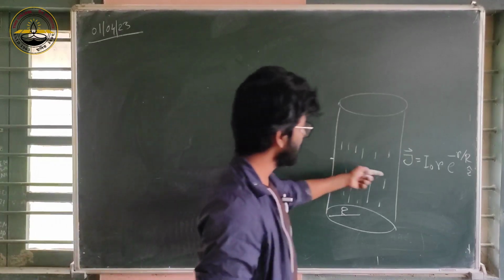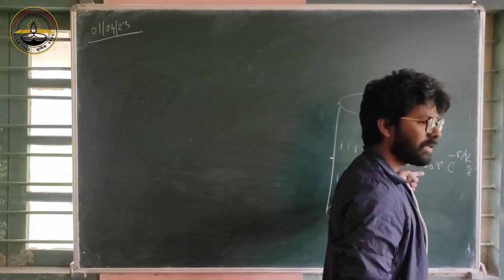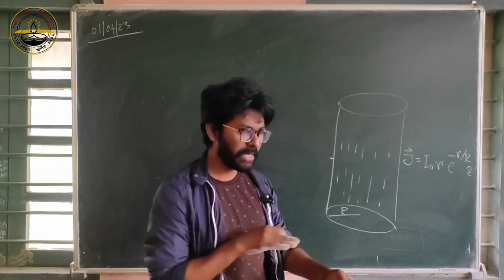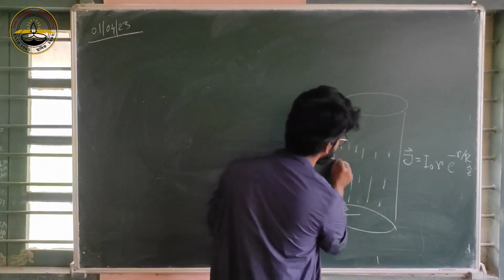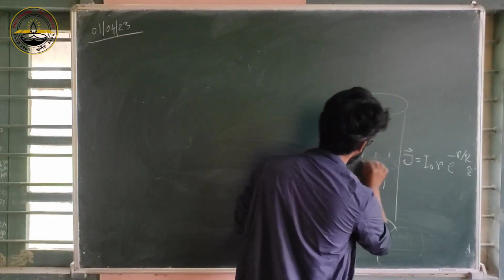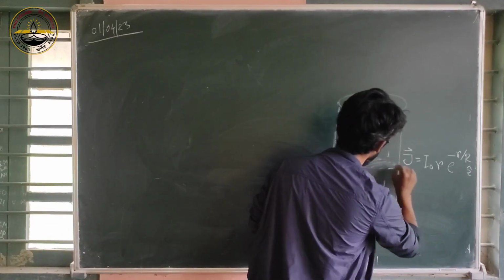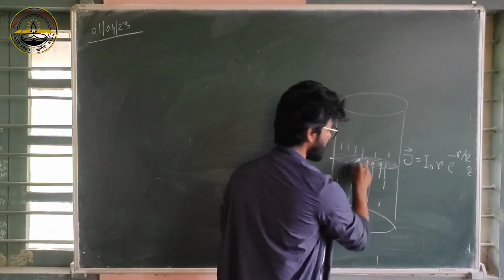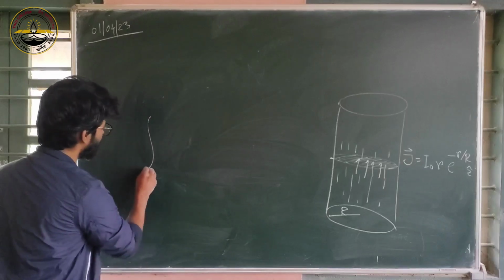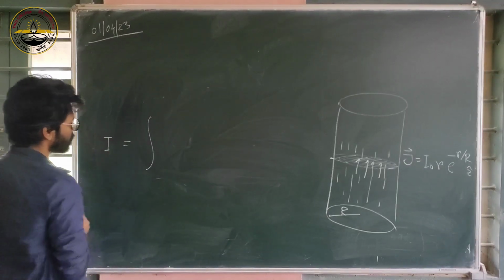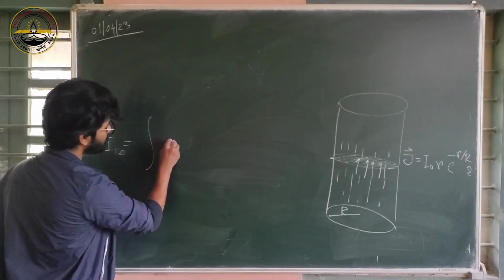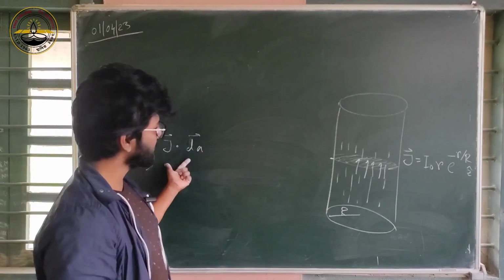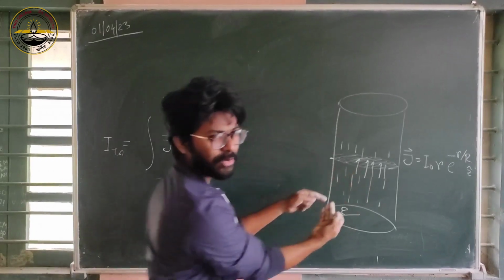First of all, once again, the definition of J is current passing through a perpendicular area. What is your area? This is your area, right? So what is the current that is totally passing through this? This is just an integral: I equals the integral of J dot dA, the flux of the current perpendicularly crossing.